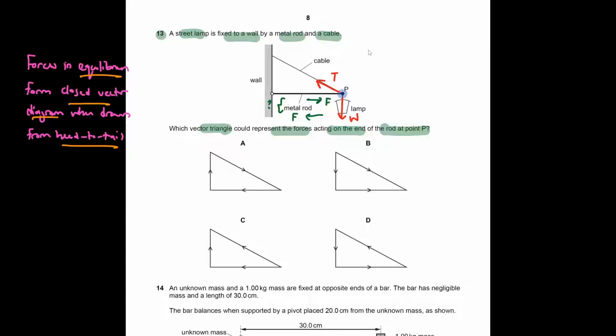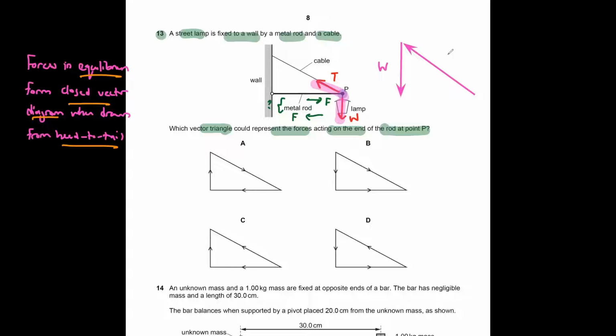So this one can be solved if you were to draw your two forces here from head to tail first. If you draw it from head to tail, you will get W like this, you will get T like this.